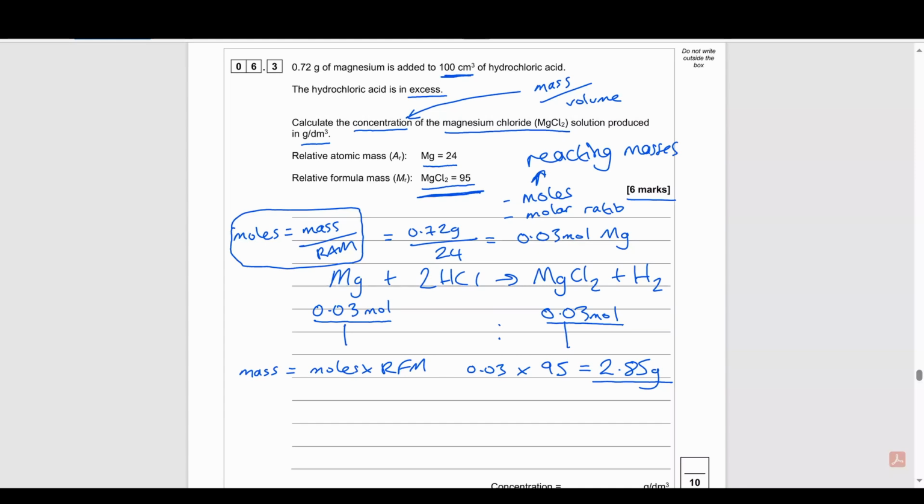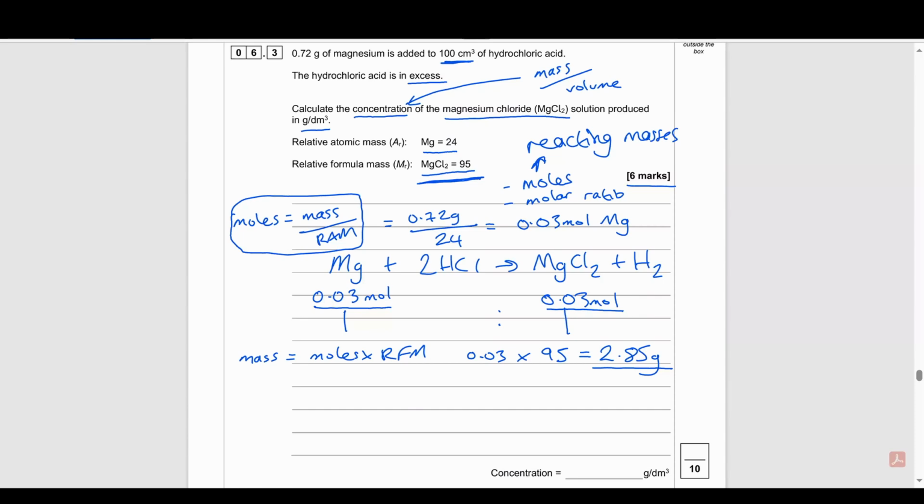Our final answer for the concentration needs to be in decimeter cubed. So again, we're converting between centimeter cubed and decimeter cubed. To do that, we need to divide by 1000. So 100 centimeter cubed divided by 1000 will be 0.1 decimeter cubed.